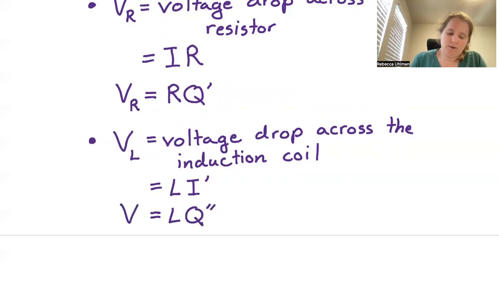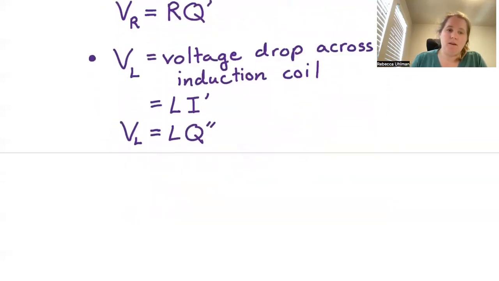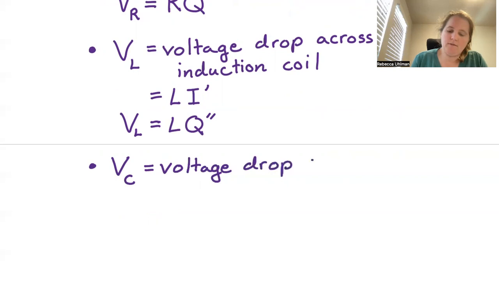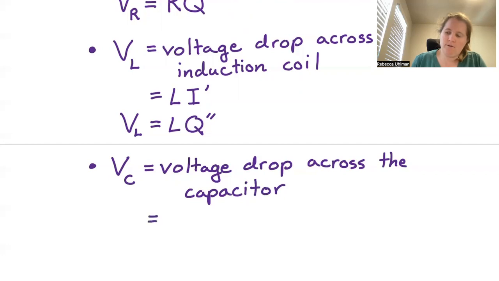So our voltage drop across the induction coil is the inductance times Q double prime. And then finally, the voltage drop across the capacitor, VC, is given simply by taking the charge Q and dividing by the capacitance.